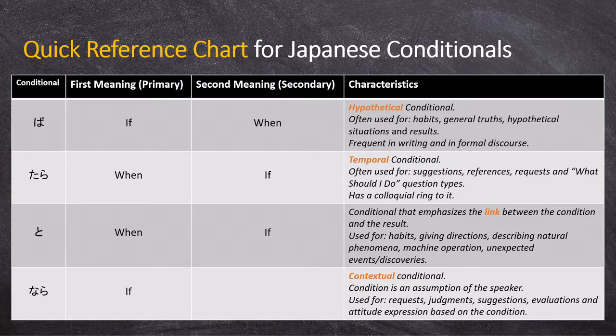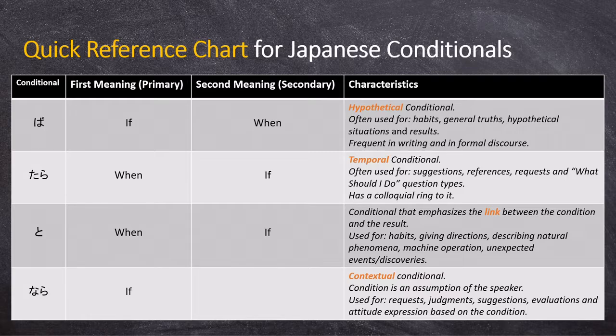And I suggest that, especially if you're a beginner, you should always first learn tara and only after that every other conditional, simply because it is very versatile and can help you a lot. Also, there are a whole lot of side constructions that use tara in one way or another, such as tara inoni, for example, to express a form of regret.